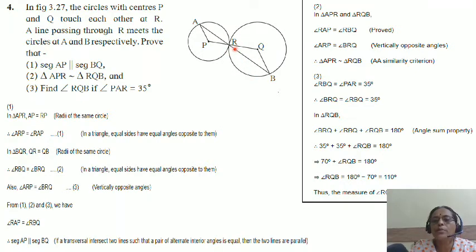Substitute the value: 35 degree plus 35 degree plus RQB is equal to 180 degree. So RQB is 110 degree. Okay. So measure of angle RQB is 110 degree. Measure of angle PAR is already given as 35 degree, and RQB is 110 degree.